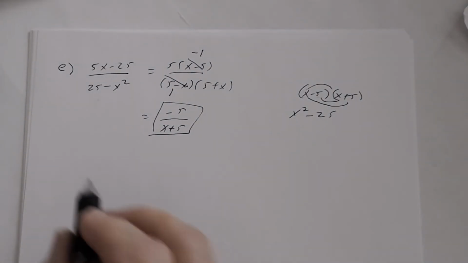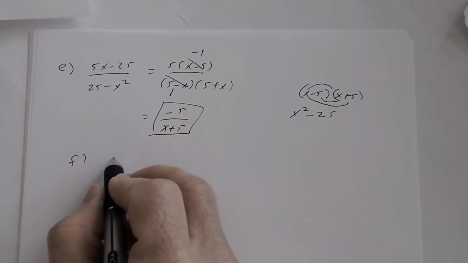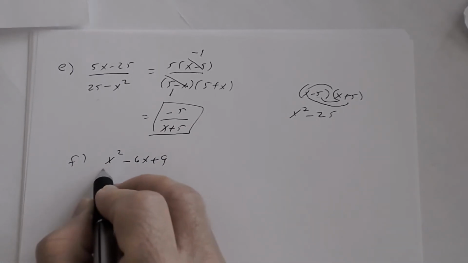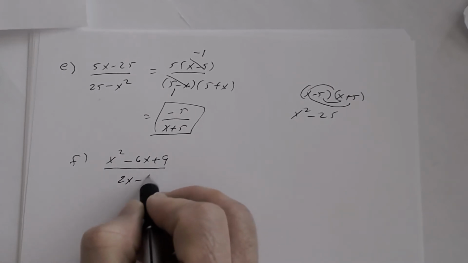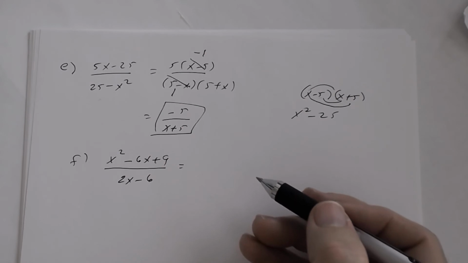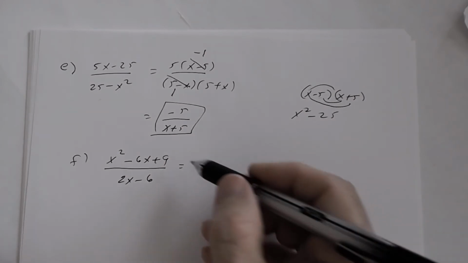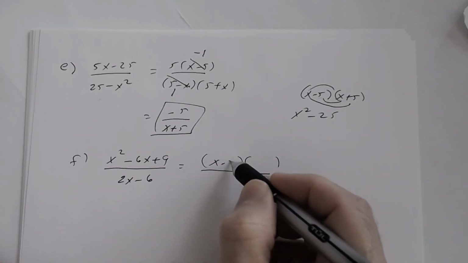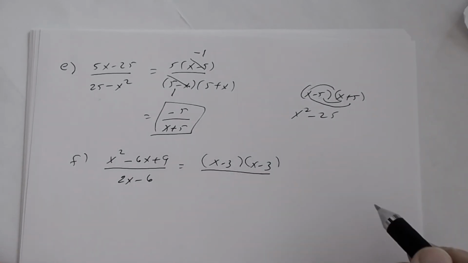Okay, letter F, we have x squared minus 6x plus 9 divided by 2x minus 6. So I can factor the numerator and denominator. In the numerator, I can factor it as two binomials. And so I get x minus 3 times itself, right?